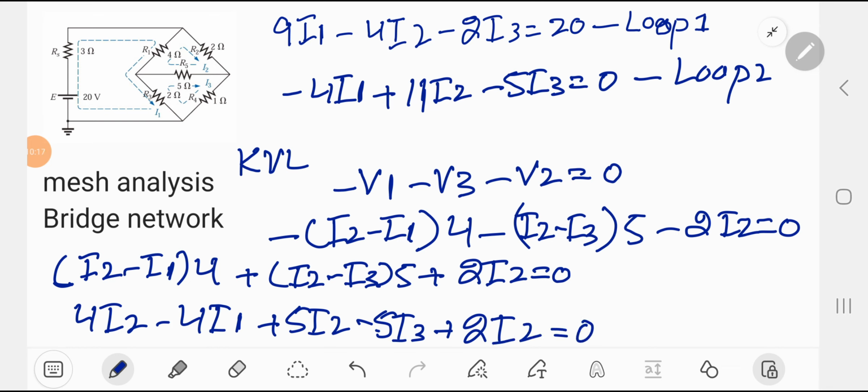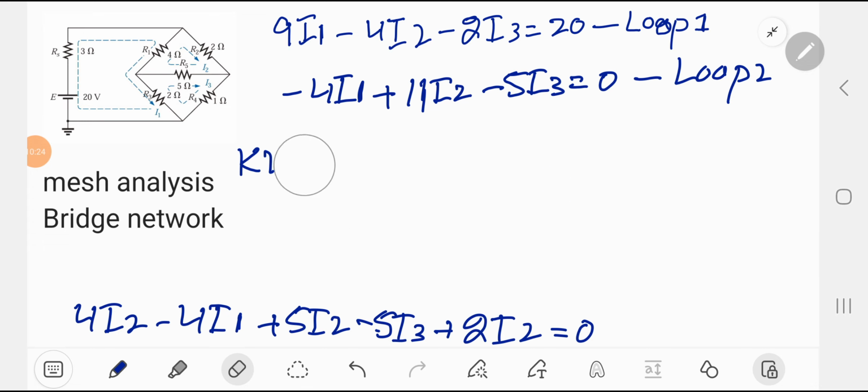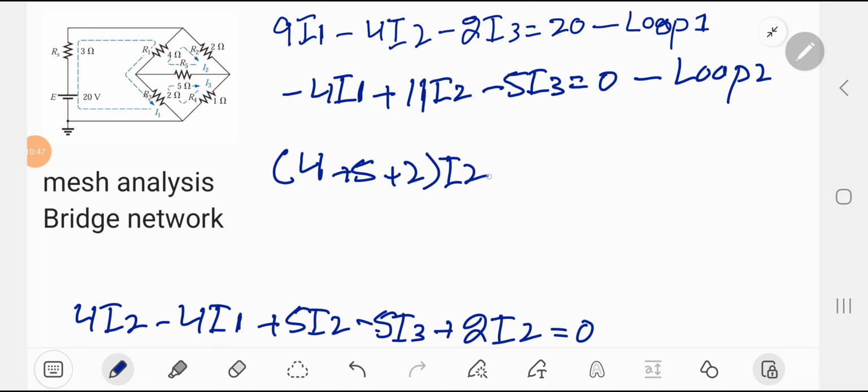If we simplify, I2 is common among 4, 5 and 2, giving 11I2 minus 4I1 minus 5I3.